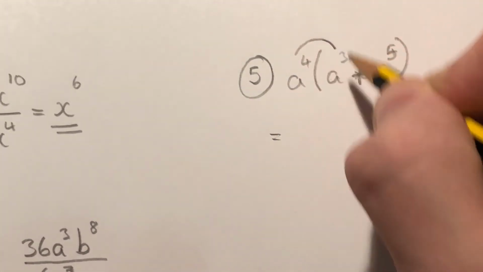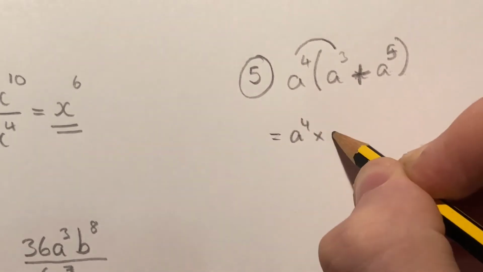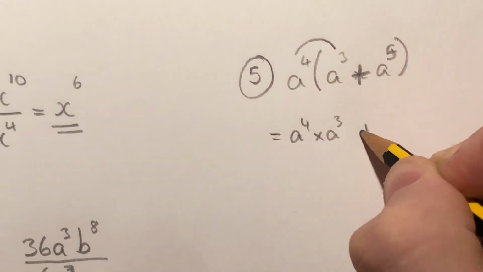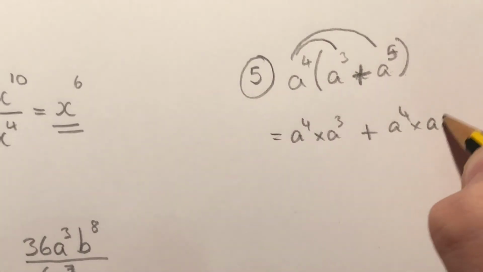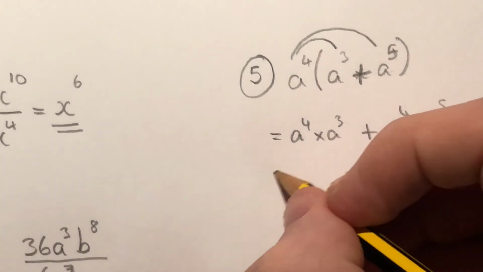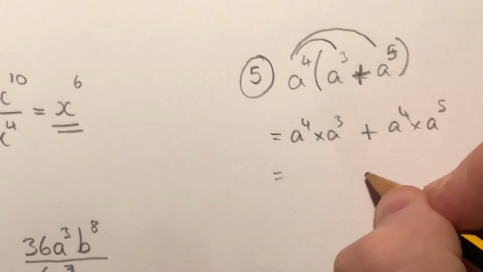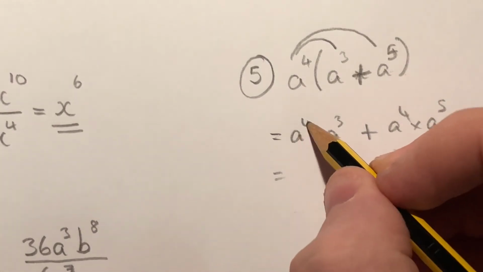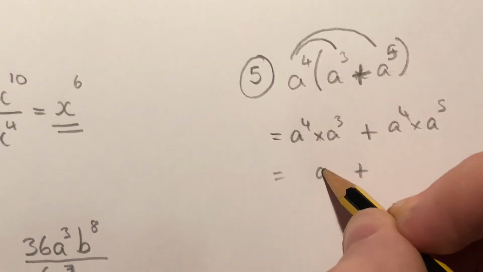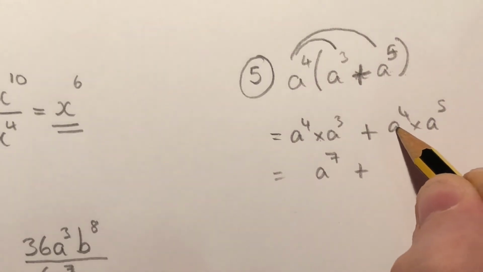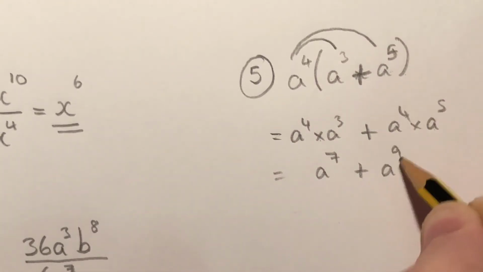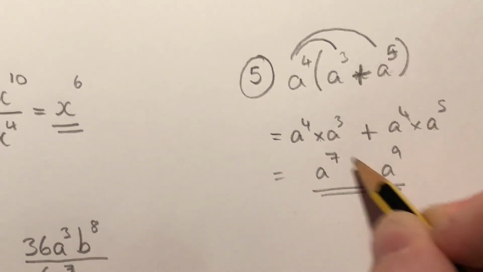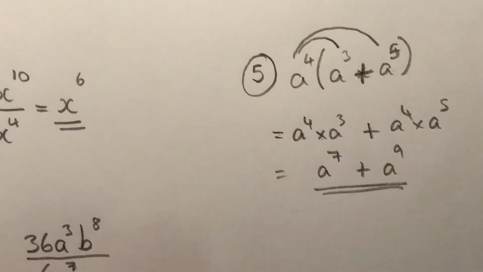We've got a to the 4 times a cubed plus a to the 4 times a to the 5. That should be easy enough. This is just two lots of rule 1. a to the power of 4 times a to the power of 3 is a to the power of 7. And a to the power of 4 times a to the power of 5, add them up, a to the power of 9. And we leave it as that. We do not combine these powers at all.